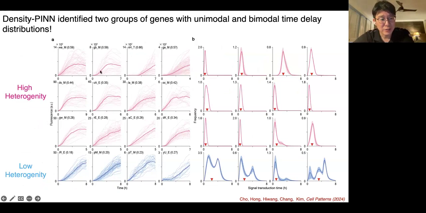Interestingly, this high heterogeneity group has a unimodal time delay distribution, but the low heterogeneity group has a bimodal or trimodal time delay distribution. So what this indicates is, as I told you at the beginning, this time delay distribution can be used to infer the underlying network structure. So the unimodal time delay distribution means there is a single pathway, and the bimodal or trimodal distribution indicates that there are multiple pathways.